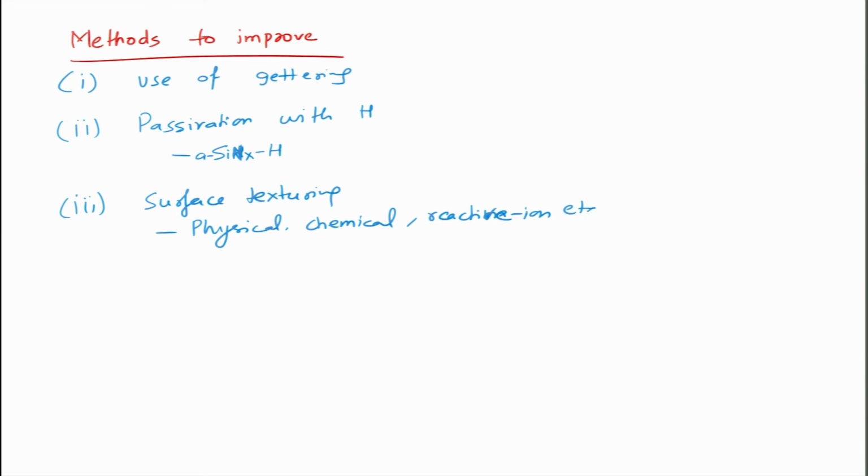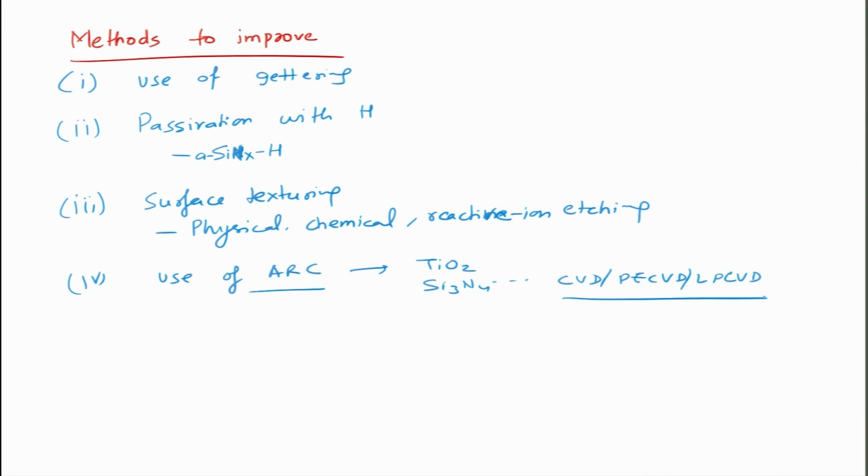And then one can also of course use an anti-reflection coating on top, such as TiO2, Si3N4, etc., which are typically deposited by CVD, PECVD, or LPCVD, that is chemical vapor deposition, plasma enhanced CVD, or low pressure CVD processing. So, this is generally about silicon solar cells, polycrystalline and multicrystalline solar cells.